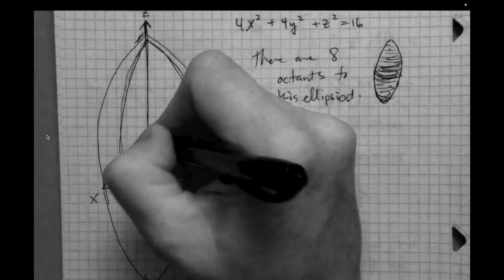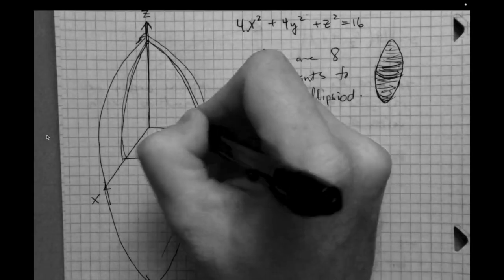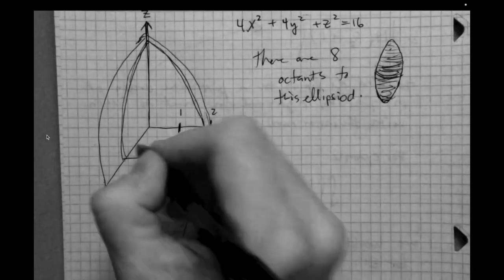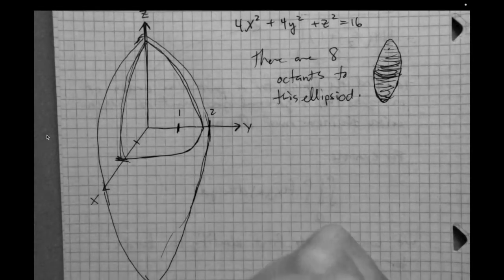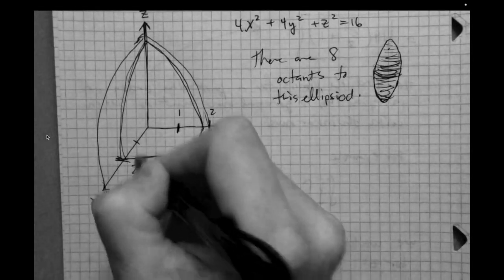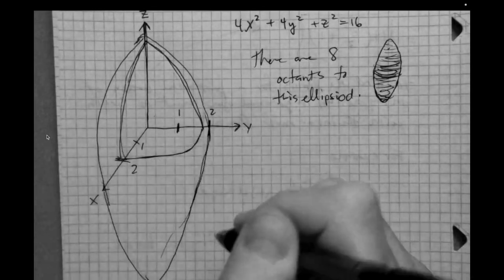So you can think of, in here, maybe 1 and 2 on the y-axis, and 1 and 2 on the x-axis, right? And then this would be -1, -2 on the x-axis, -1, -2 on the y-axis.